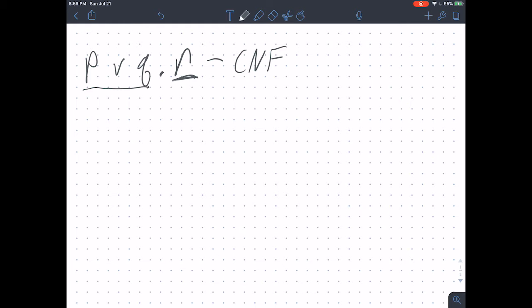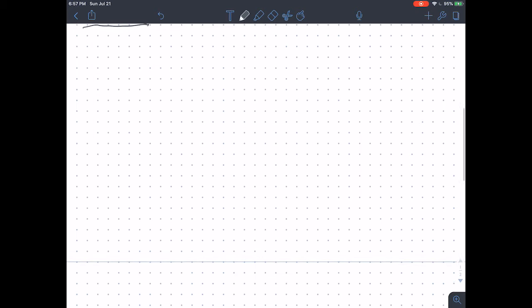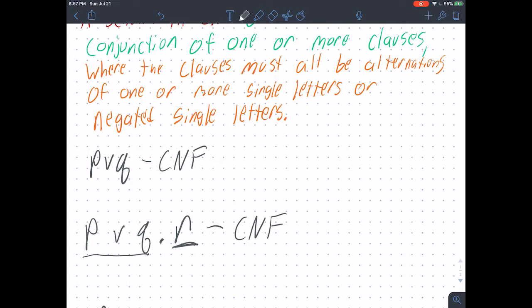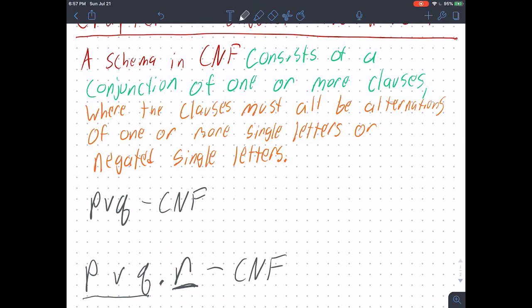But for your purposes, it's probably better to just know that single letters by themselves as clauses count. Okay, so another example of a schema that's in CNF is just the schema P. Again, as I just explained, a schema in CNF consists of a conjunction of one or more clauses, where the clauses must all be alternations of one or more single letters or negated single letters.